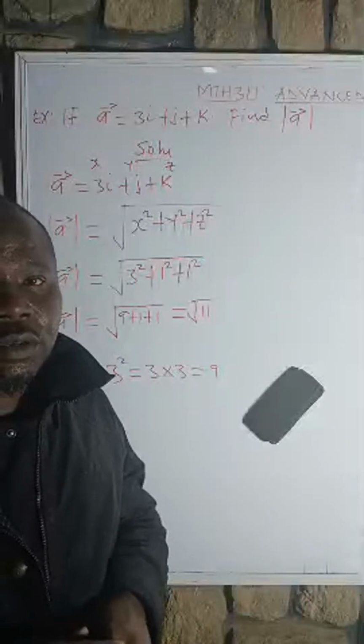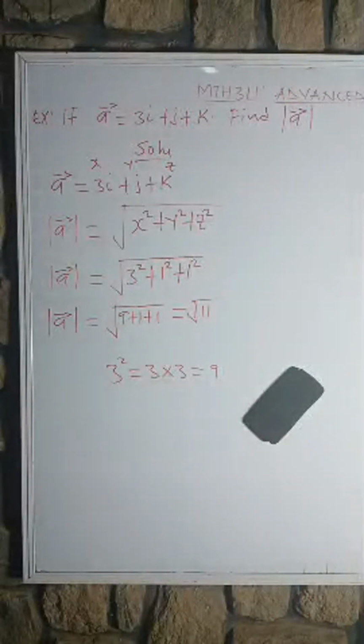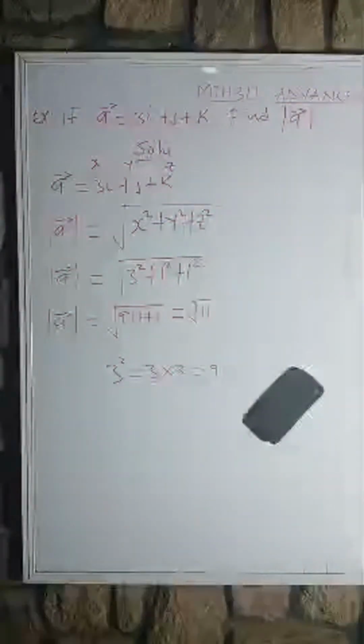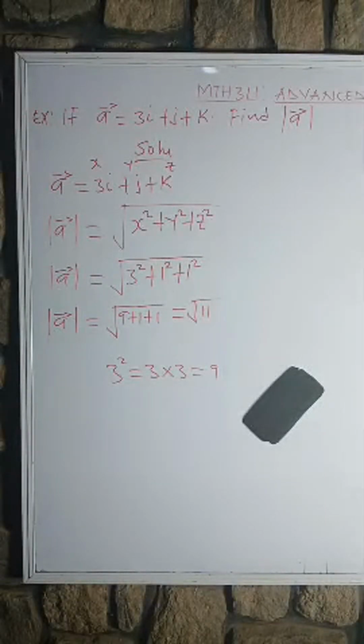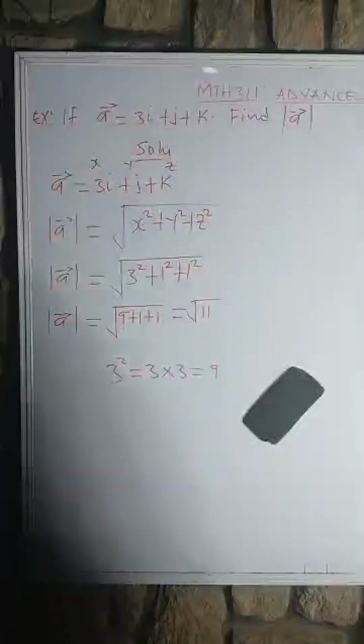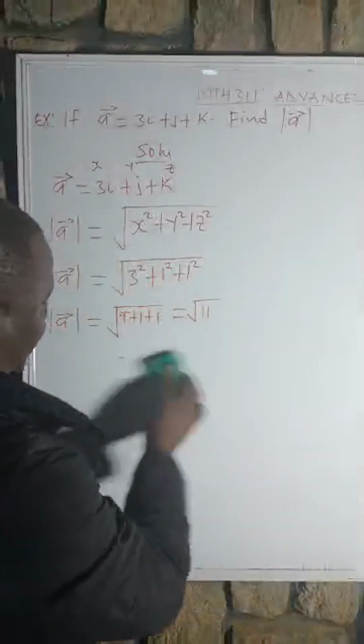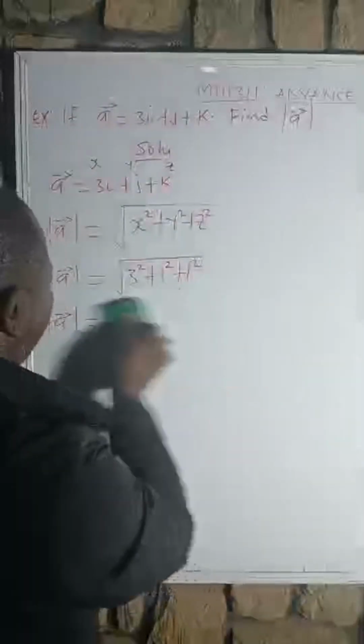Do you have any question? Please drop it in the comment section. Any question? No question. It's okay. So let's proceed further to consider how we can obtain the angle between two vectors.